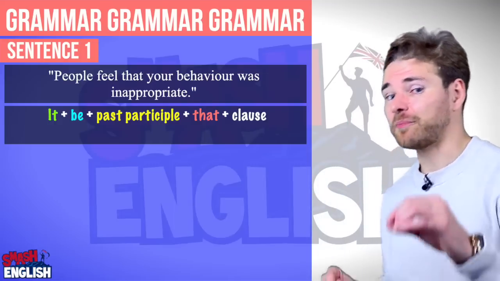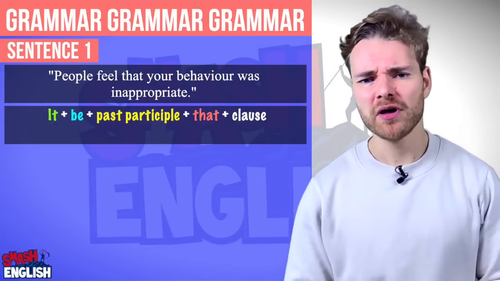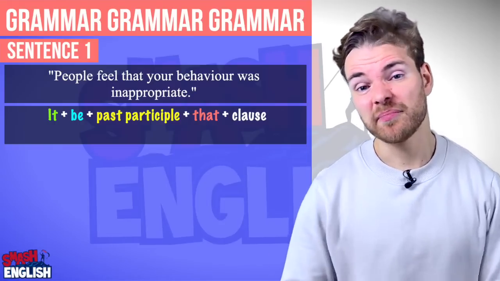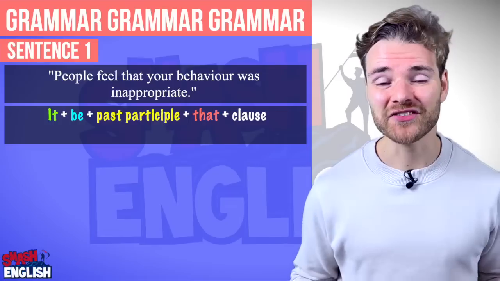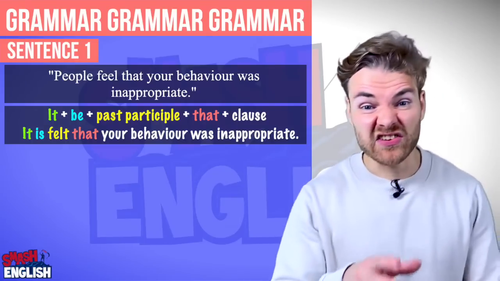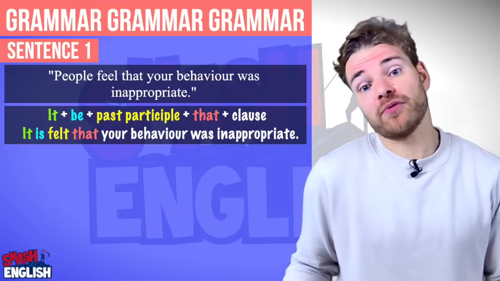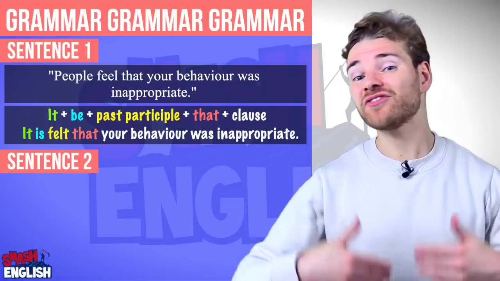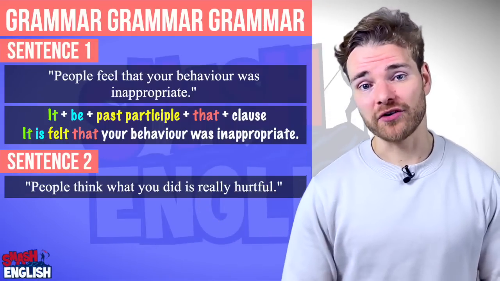If plus be plus the past participle of our reporting verb plus that, then plus a normal clause. So this gives us, it is felt that your behavior was inappropriate. And what about our second sentence? People think what you did is really hurtful.